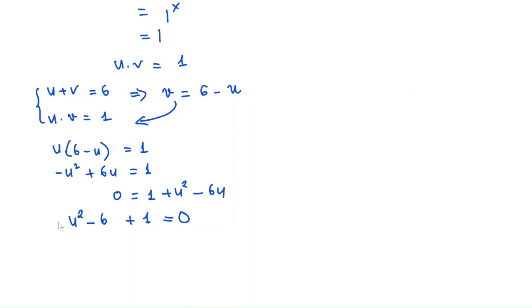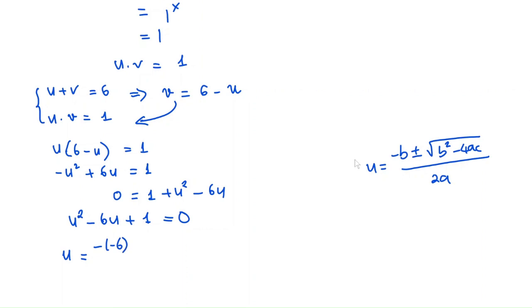So this one is u. Now we solve for u, and we use the quadratic formula. u is minus b plus or minus square root of b squared minus 4ac, over 2a. So u is equal to negative of negative 6 plus or minus square root of negative 6 squared minus 4 times 1 times 1, divided by 2 times 1.